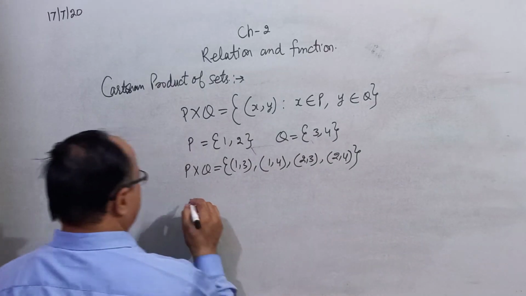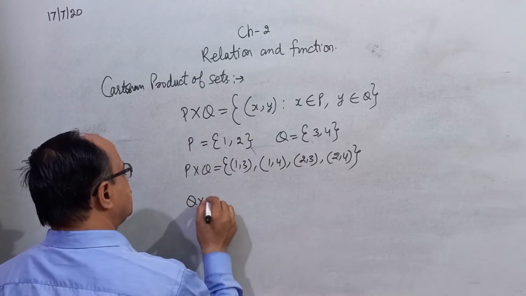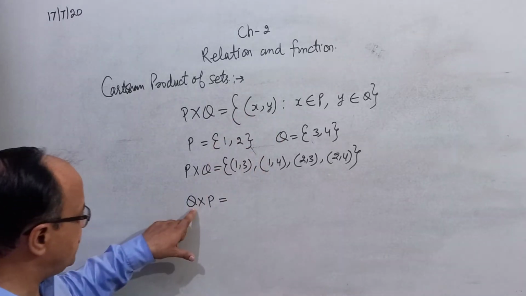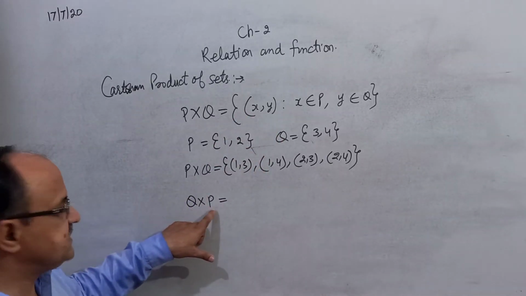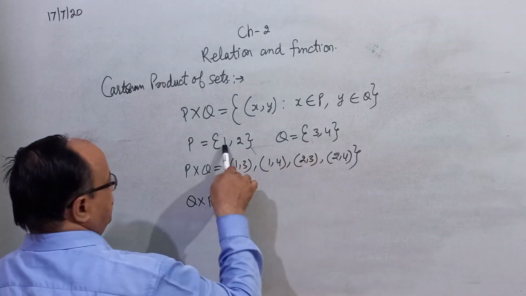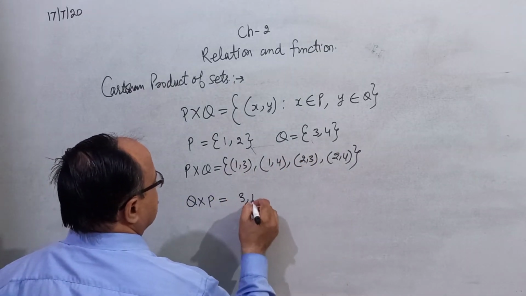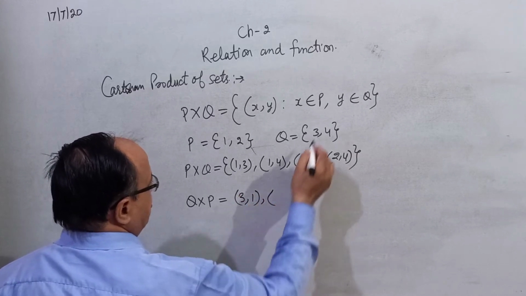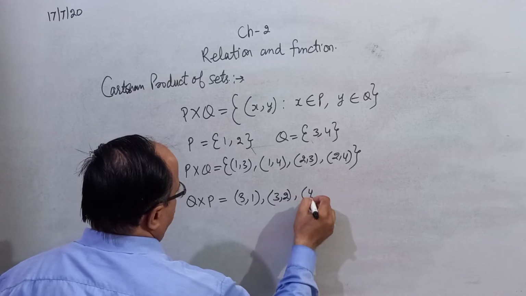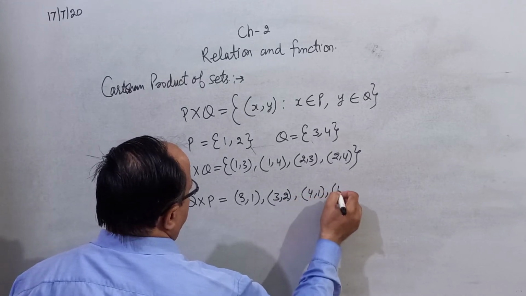And if you want to find Q cross P, it means the first element belongs to the set Q and the second element belongs to the set P. So (3, 1), (3, 2), (4, 1) and (4, 2).